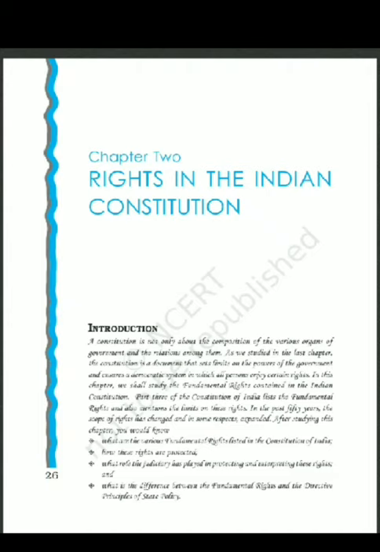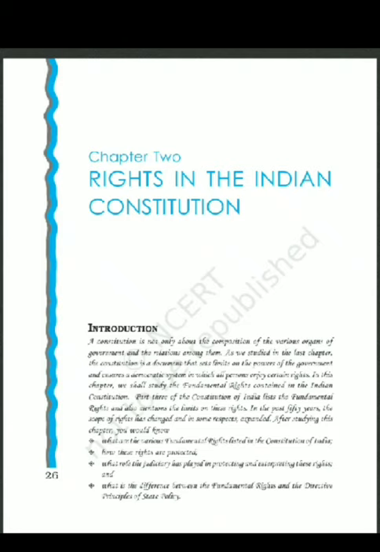So when we talk about rights in the Indian Constitution, it clearly means we are talking about the rights which are granted to every citizen of India. The Constitution is not only about the composition of various organs of the government and the relations among them, but is a document that sets limits on the powers of the government and ensures a democratic system in which all persons enjoy certain rights.